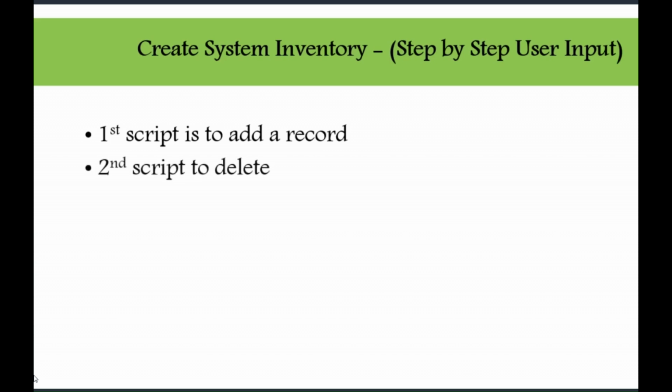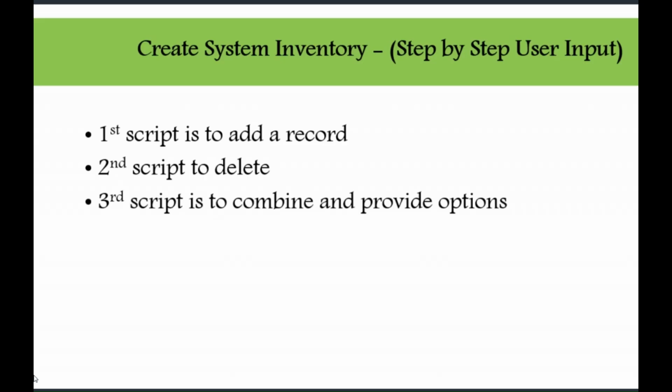The second script we'll cover is about deleting a record. This script will ask pretty much the same things as the first script, but in this case, it will ask to delete the record. The third script combines both of the above scripts, to add a record and to delete a record.